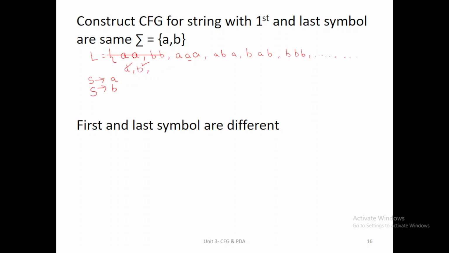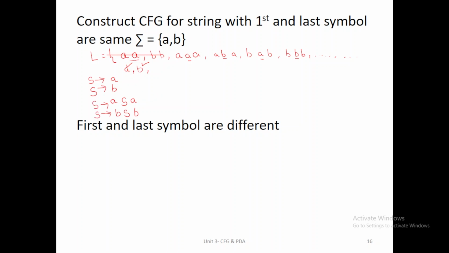Okay. Then if you want to produce AA, the first letter and last letter are the same. For the intermediate symbol, you check the length 3 case; it may be A or B, so it is already available. I am using the same letter here: the first and last letters are the same, and the intermediate letter may be S. The same S will be used here.